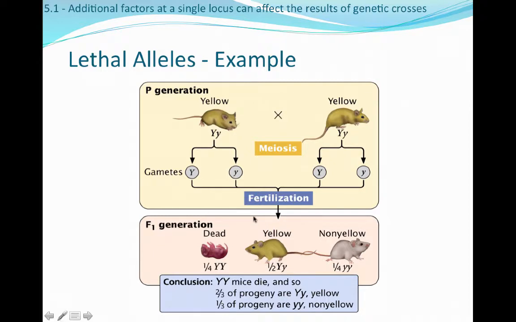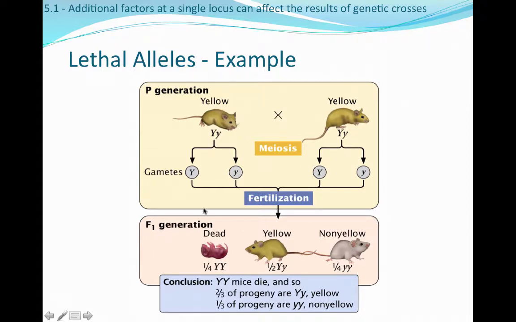After fertilization in the F1 generation, we see an obscure ratio because a quarter of the offspring inherited the homozygous dominant big Y genotype, and they are dead.